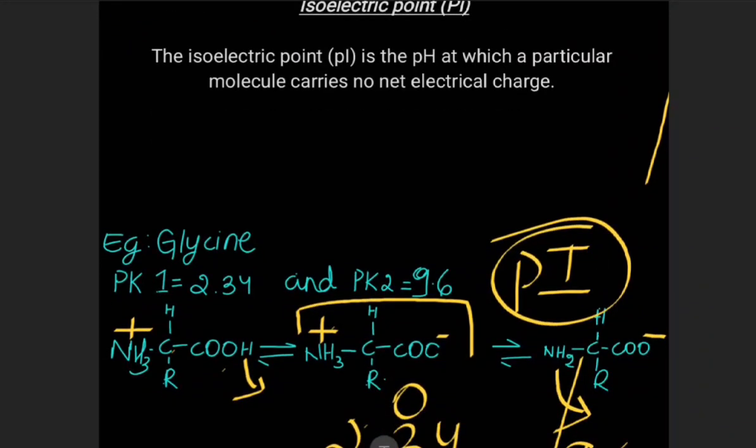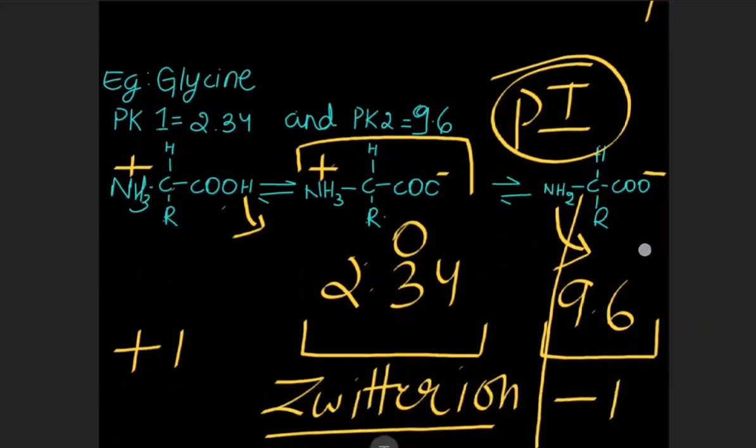We also discussed the isoelectric point, the particular pH at which the amino acid has no electric charge, a net 0 charge.